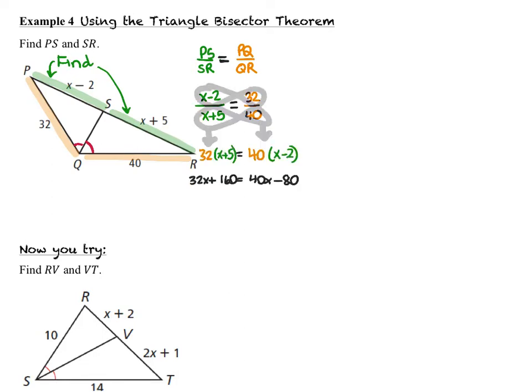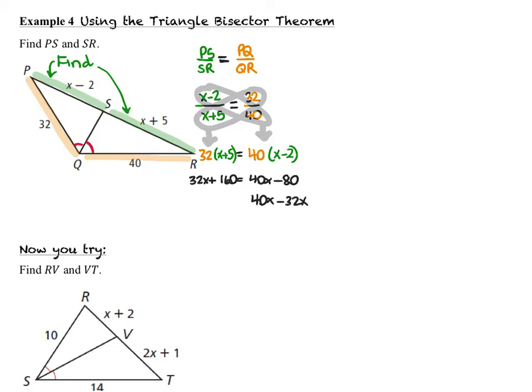Just a reminder when we're solving these proportions that first step is crucial. Do not try to do that distributive property in your head. Write it out. Because once we've got that proportion set up and we do the distributive property, the rest of it is just relying on our old Algebra 1 skills.